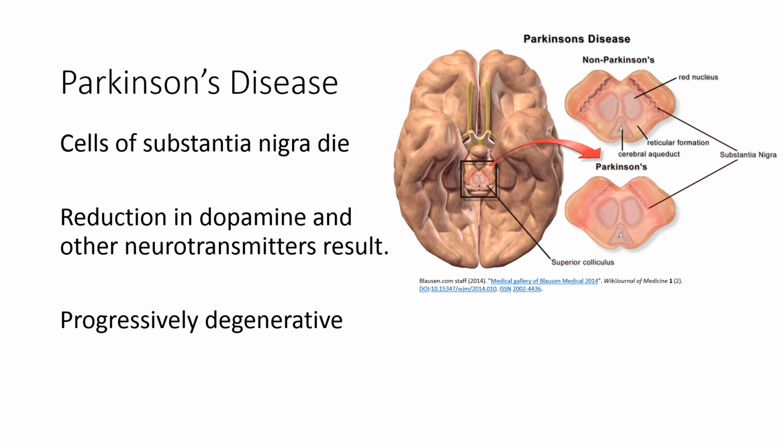The list of diseases that have been linked to the basal nuclei is long. 2 of the ones that you're probably most familiar with are Parkinson's disease and Huntington's disease. In Parkinson's disease, cells in the substantia nigra begin to die. These cells usually produce dopamine, a very important neurotransmitter that plays a role in motor control.